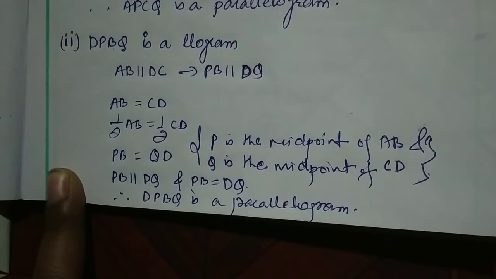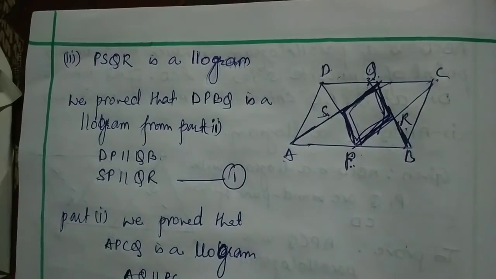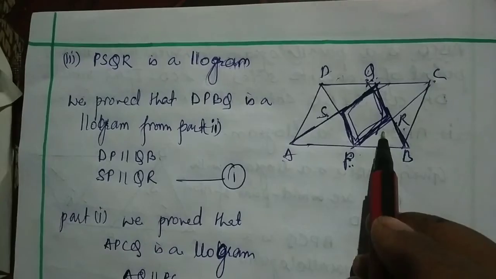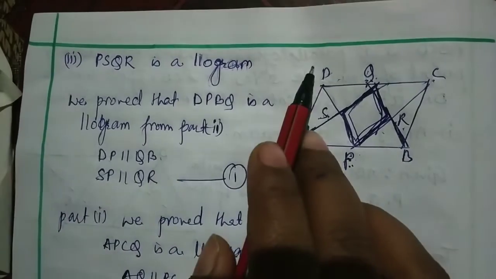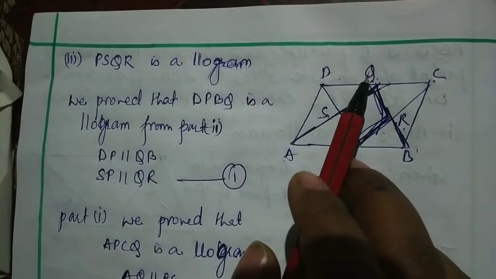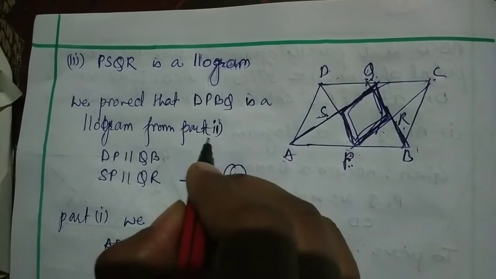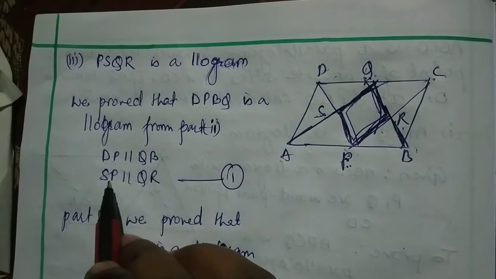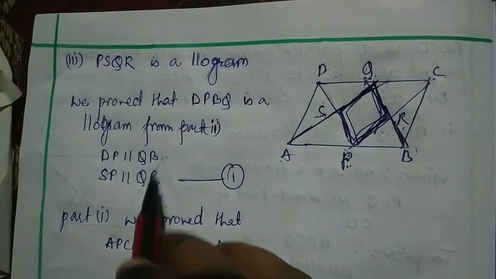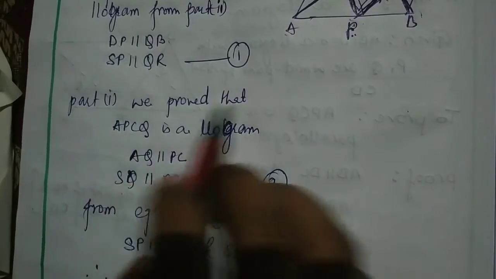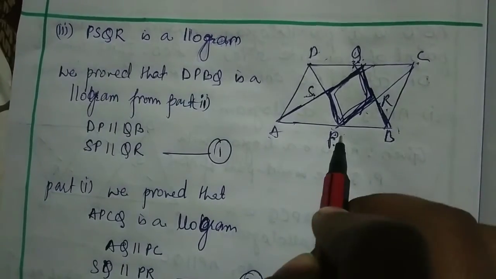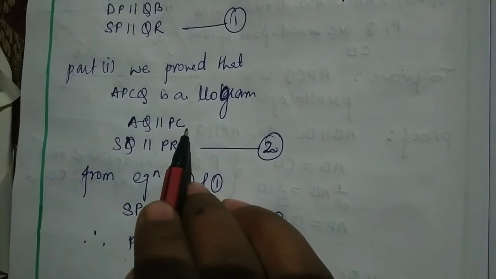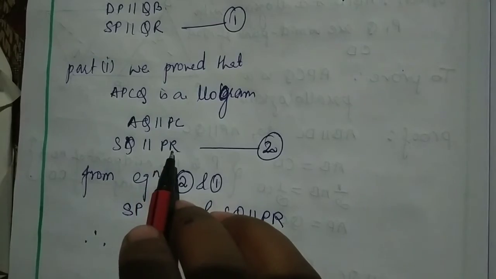Now let's see the third part. We need to prove that PSQR is a parallelogram. We already proved that DPBQ is a parallelogram in part 2, so we get DP parallel to BQ and SP parallel to QR. In part 1 we proved that APCQ is a parallelogram, so we find AQ parallel to PC and SQ parallel to PR.